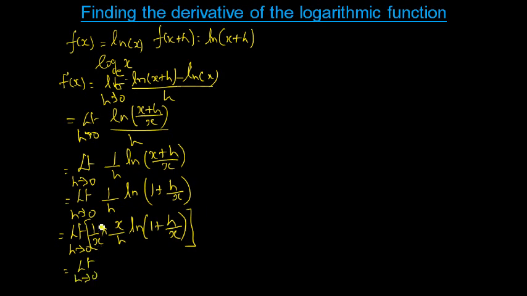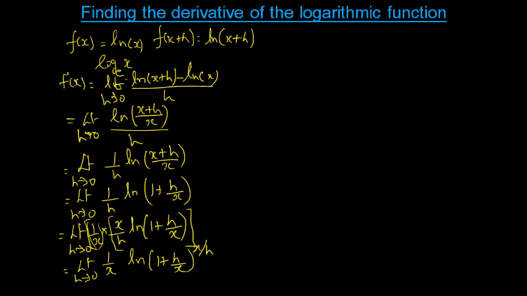With h tending to 0, 1 over x remains undisturbed, and this part can be written as ln of 1 plus h over x to the power of x over h, because multiplication becomes power.